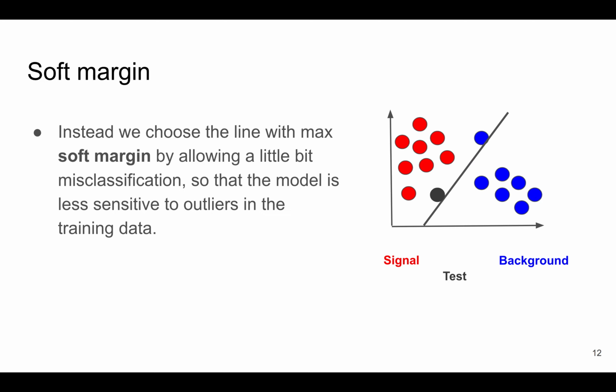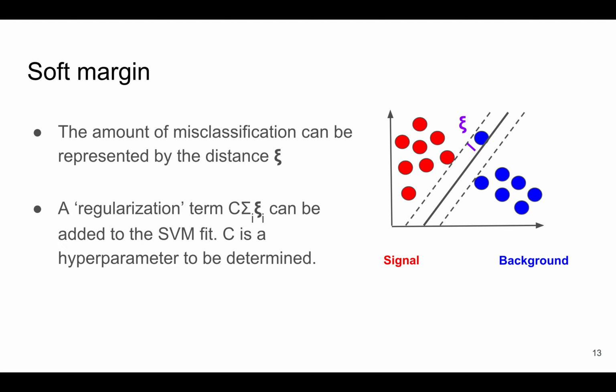So instead of a hard margin, we choose a line with a maximum soft margin by allowing a little bit of misclassification, like the line on this plot. It will misclassify the outlying blue dot as signal, but its prediction for the black test sample makes more sense. So the model is less sensitive to the outliers in the training data.